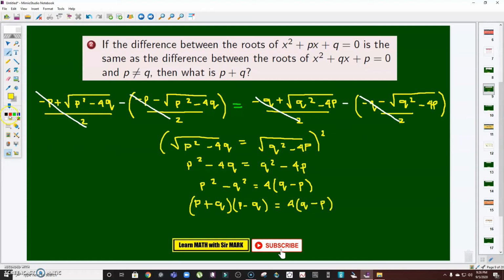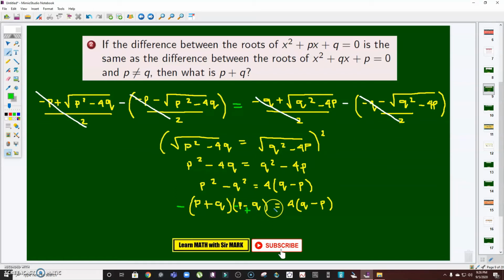equals 4 times q minus p. Take note, we are after p plus q. But this is p minus q, and this is q minus p. Look, if I factor out negative 1 here, this one will become negative p, and this will become positive q. See that?